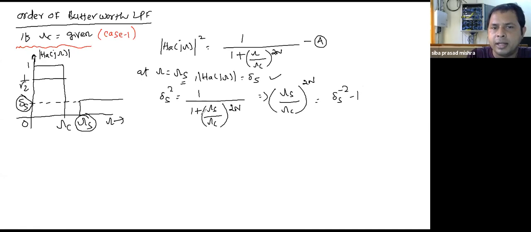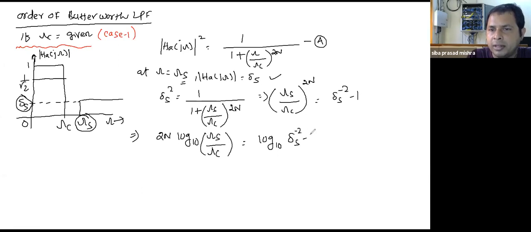Just take the left hand side and bring this delta_s squared to the denominator. Then take log on both sides. If you take log on both sides, then we get 2n log of omega_s by omega_c equals log10 of (delta_s to the power minus 2, minus 1).